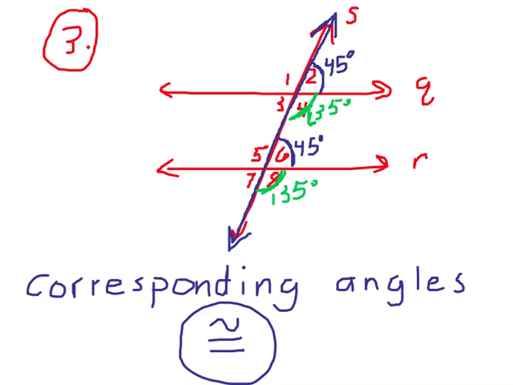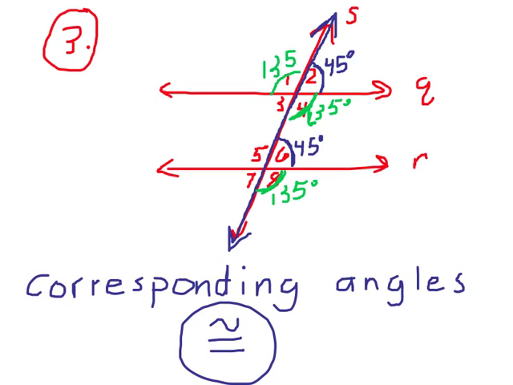Angle 4, which you can barely see, right here. Angle 4 and angle 1 are what type of angles? 1 and 4 are called vertical angles. Therefore, they're congruent. So angle 1 is also going to be 135 degrees.